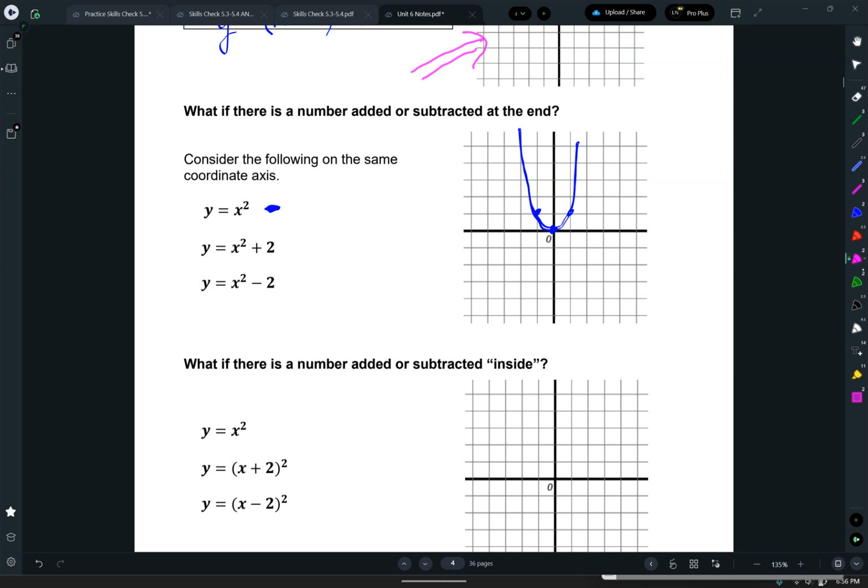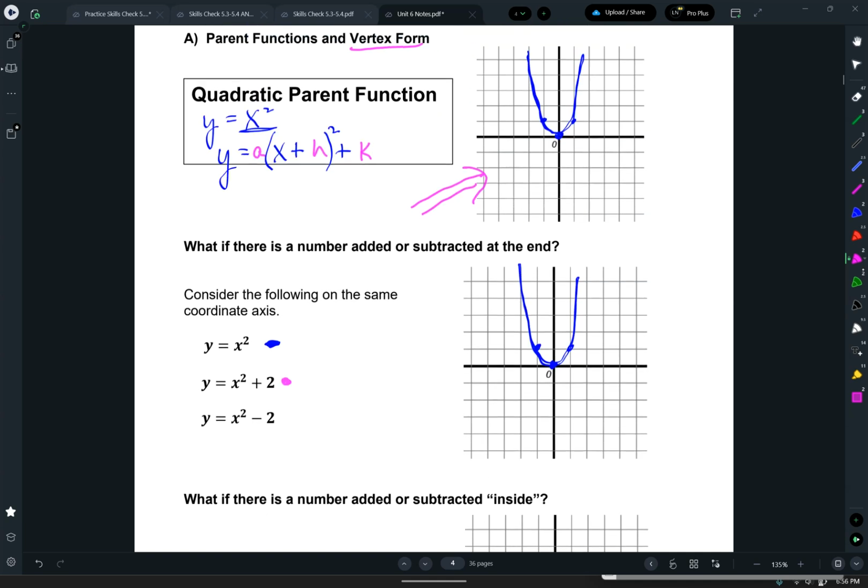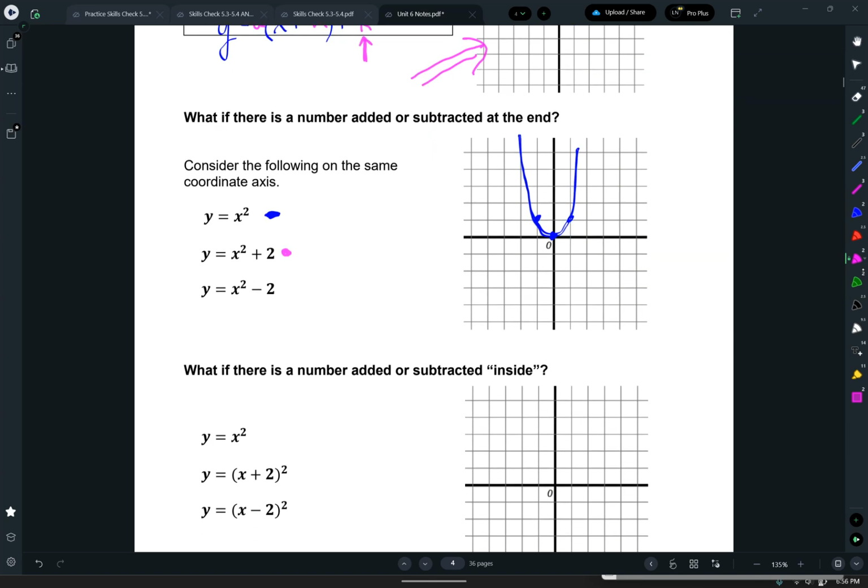Okay, if I were to put a +2 out at the end, any number being added or subtracted at the end, what that +2 is going to do is move the entire thing up 2 units. So instead of having the vertex down there at the origin, it's up there at 2.